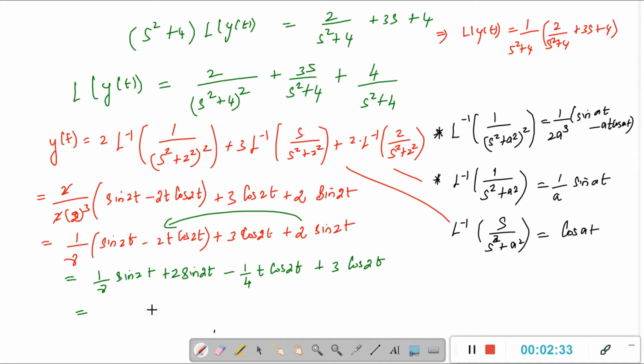If you add, you get 17 by 8 sin 2t. These two terms we can't add because they are not like terms. So better to take cos 2t as a common term. If you take cos 2t as a common term, you get 3 minus t by 4 into cos 2t. This is called y of t.